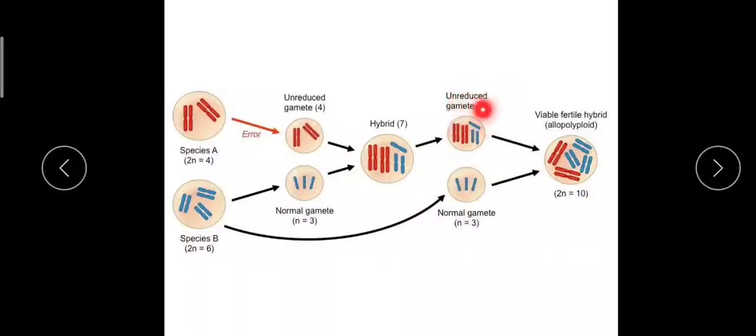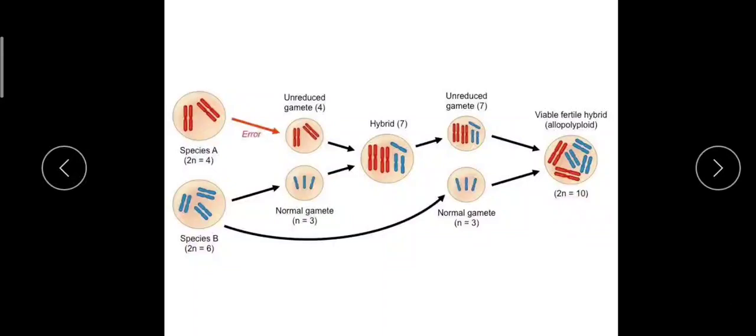And this unreduced gamete with 7 chromosomes fuses with the normal gamete from species B with chromosome number 3, and they fuse to form an allopolyploid, a viable fertile hybrid. And here you can see the chromosome number 2n condition is 10.